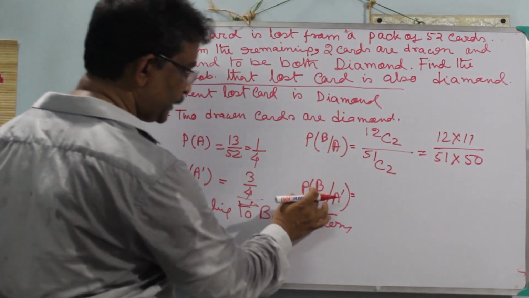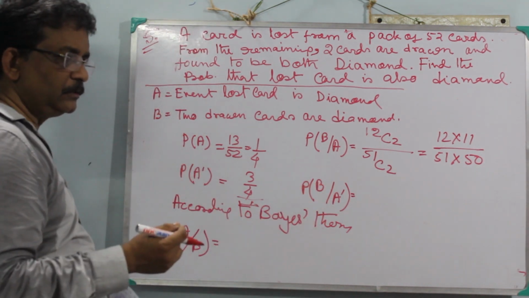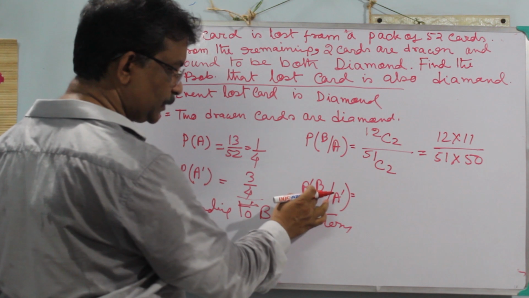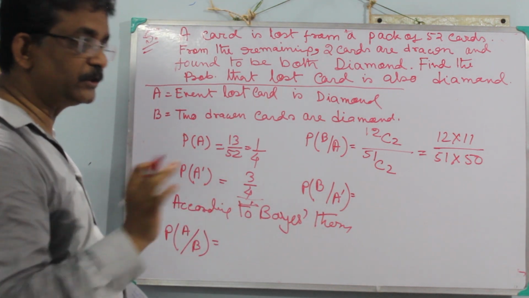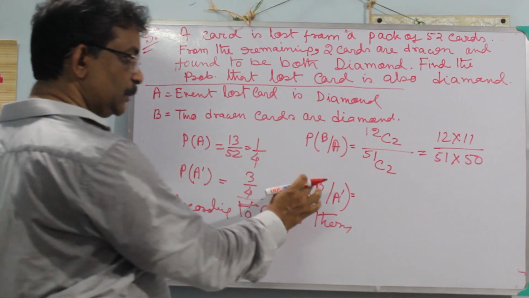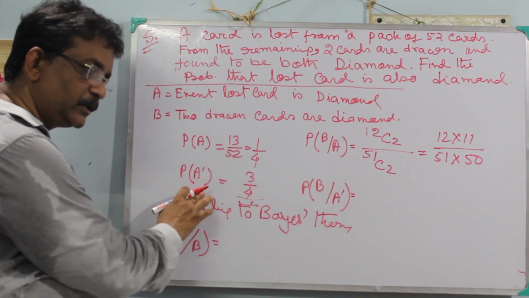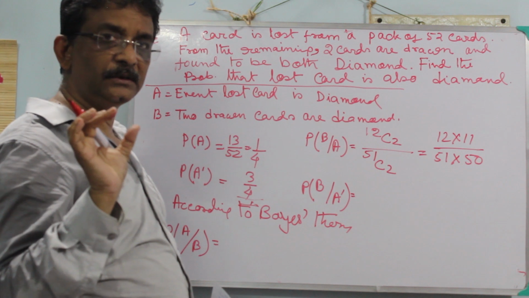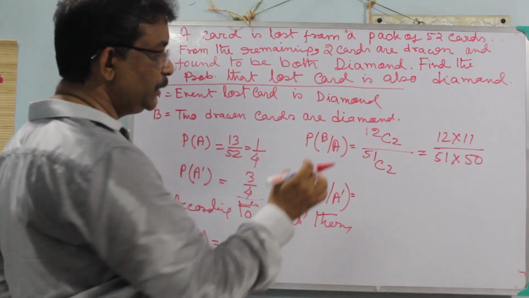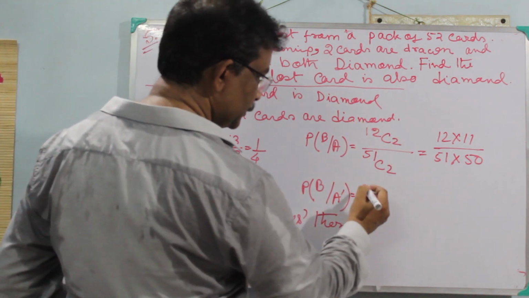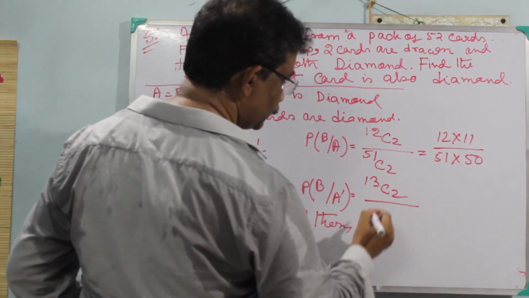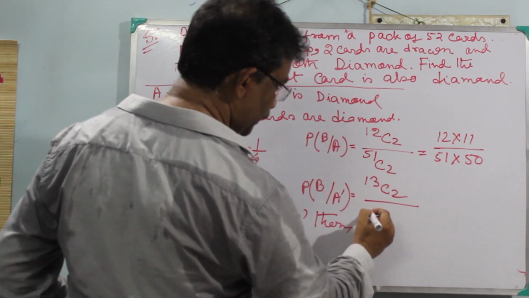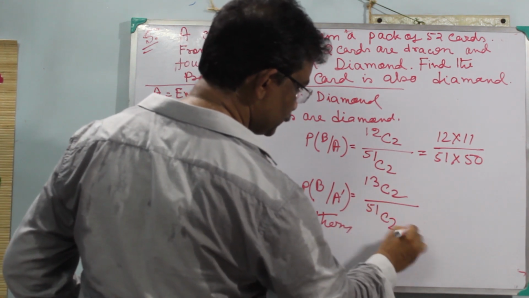Now second, 2 cards are drawn and the probability that both are diamond when the lost card was not diamond. If the lost card was not diamond, then 13 diamond cards were there. So in how many ways can 2 cards be selected out of 13? 13 C2, and total number of ways in which 2 cards are selected, 51 C2.